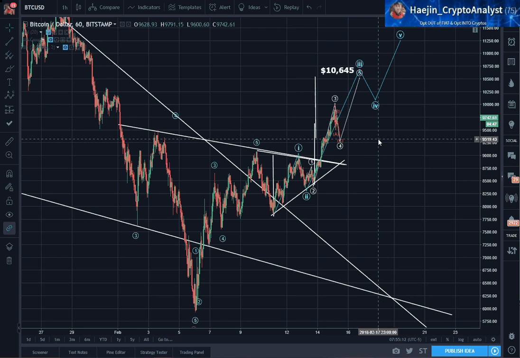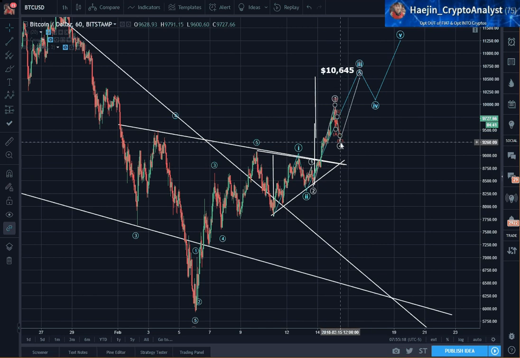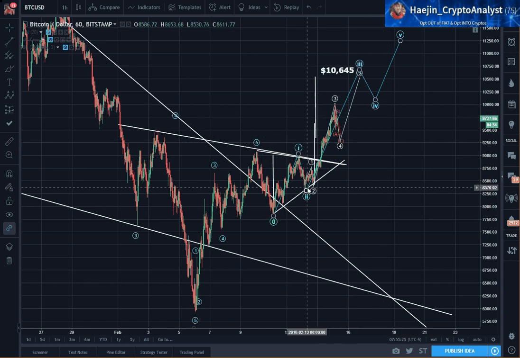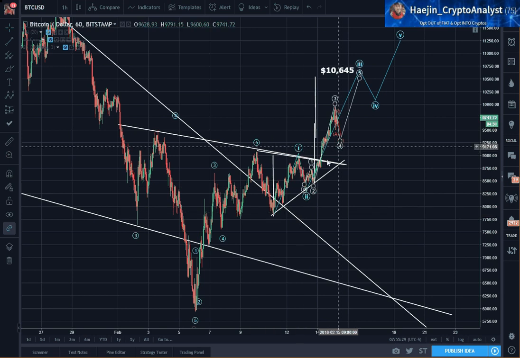And of course, very imperative that 4 does not overlap with the peak of 1. But for 3, here's wave 1, and so 4 does not overlap with the peak of 1, which is this white one, not the blue one. Our target of 10,645 or so remains for the blue wave 3, and it could extend. But let's see how it goes.